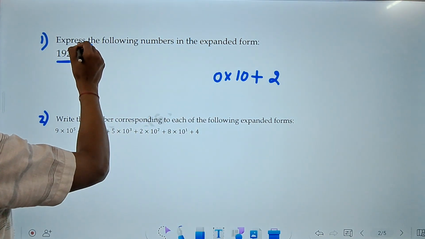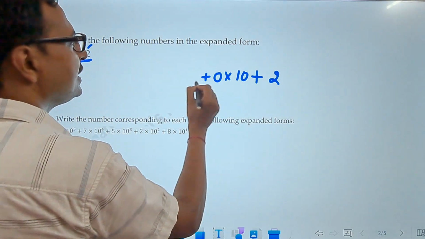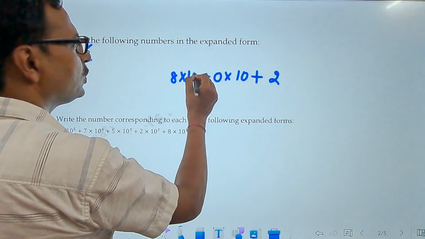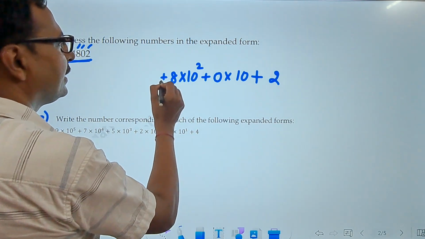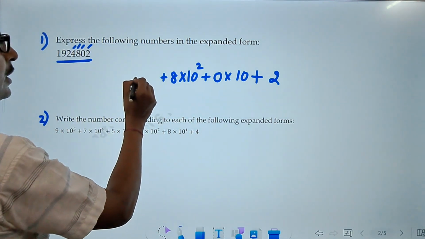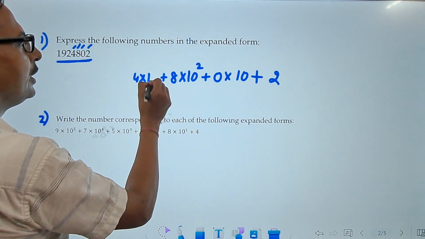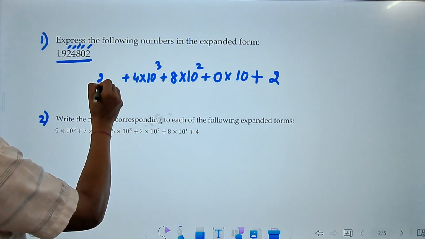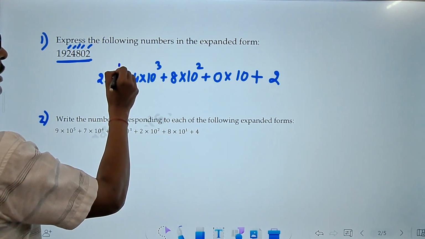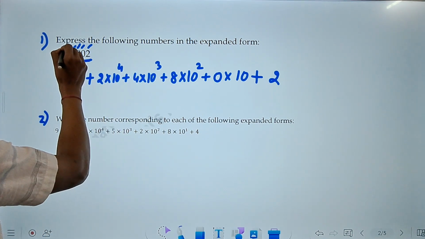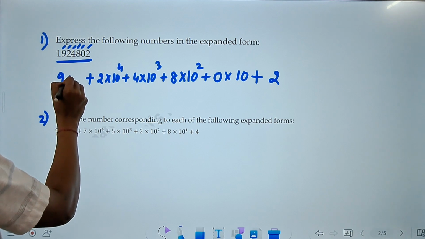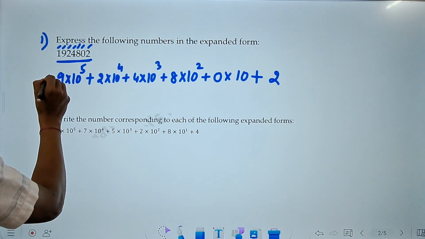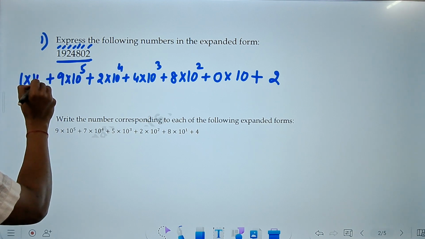And now keep on doing like this. 8 is at the 100 place, so I will write it as 8 into 10 square, and then carry on writing like this. 4 into 10 cube, and then the next one 2 into 10 power 4, likewise 9 into 10 power 5, and 1 into 10 power 6.